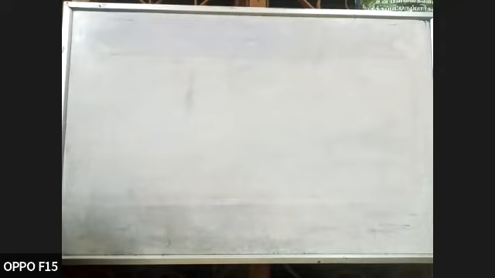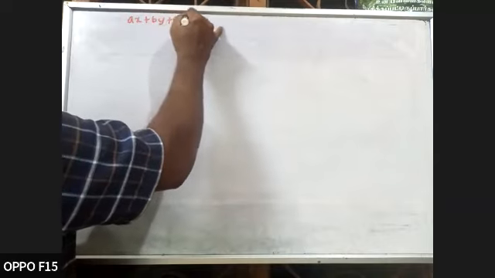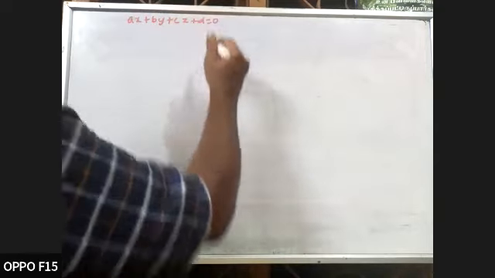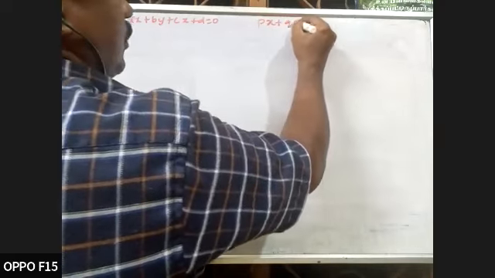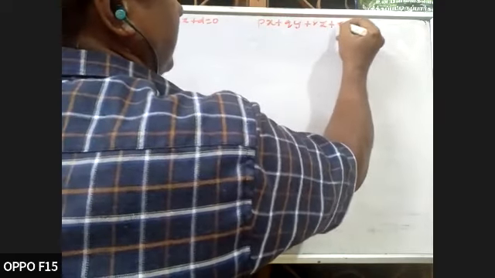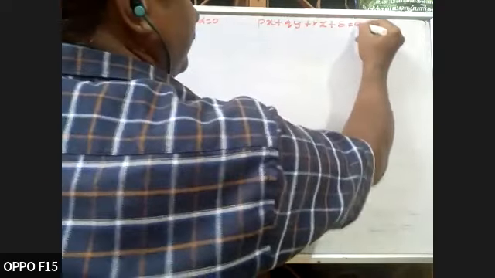Okay? So the line of intersection of the planes ax plus by plus cz plus d equal to 0 and px plus qy plus rz plus s equal to 0.